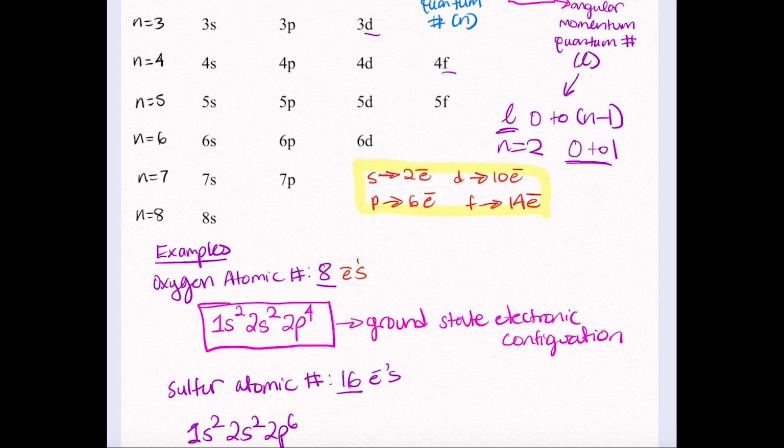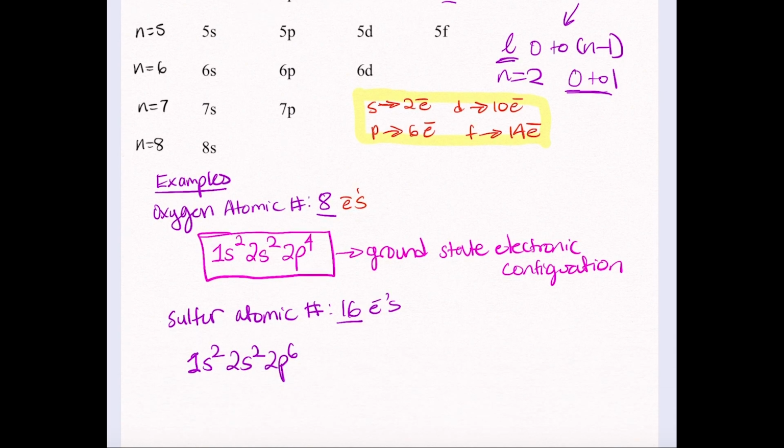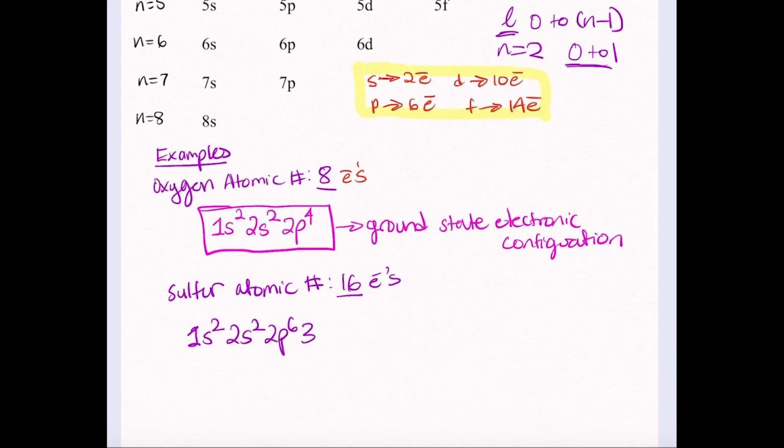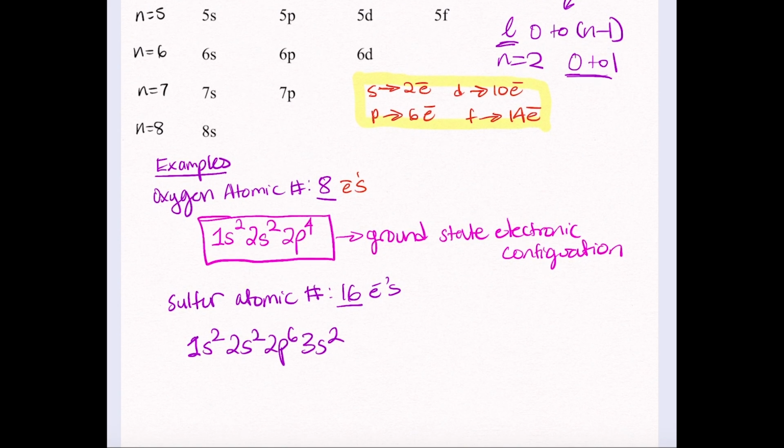Now we have 10, so we need 6 more. All right. Now it's going to jump to 3, this quantum number. So n equals 3, it's going to jump to this higher orbital here. So 3s2, it will fill up. So now we have 2, 4, 6, 6, 6. So now we have 12. Now we have 4 more electrons that we need to fill up.